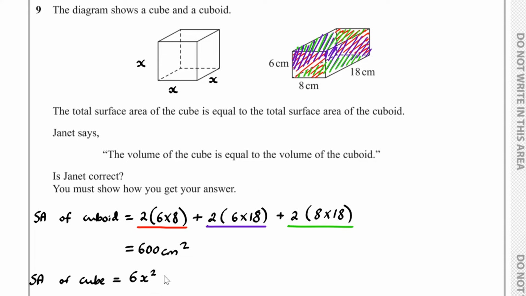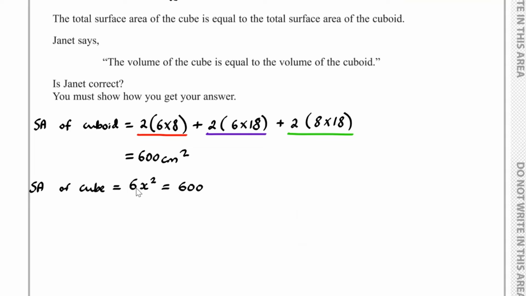So that's x squared, and this is equal to 600. And with this we can find out the length x. So if we solve over here, we have x squared equals 100, and therefore x is equal to 10.